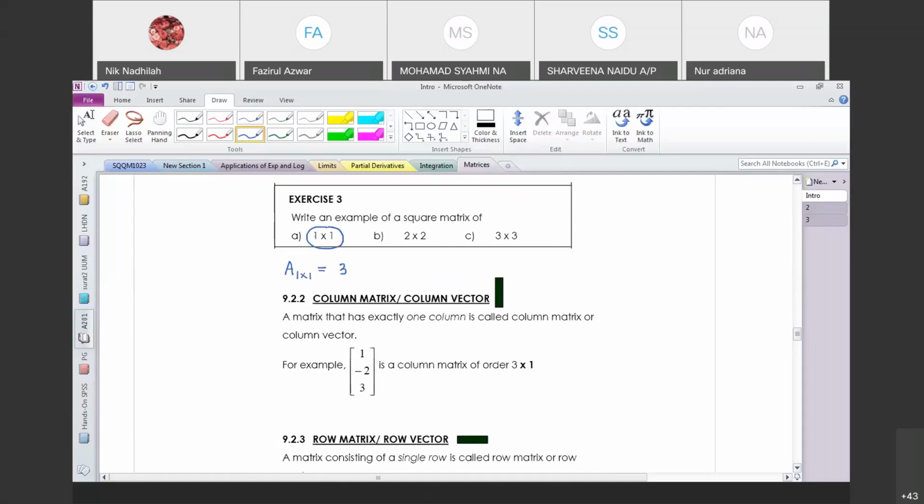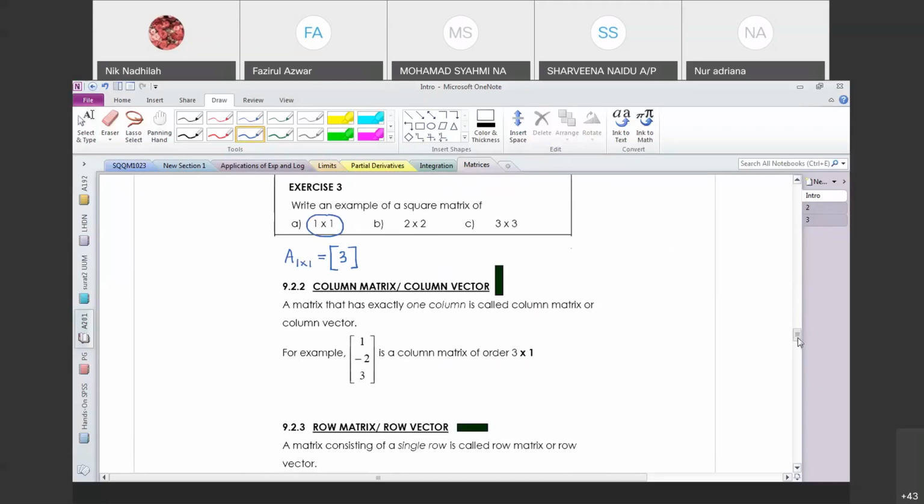But you must remember this is in the form of a matrix. You should not write it without the bracket, because without the bracket, it's not a matrix, it's just a number. And we have seen some examples of 2 by 2 matrix, 3 by 3 matrix.